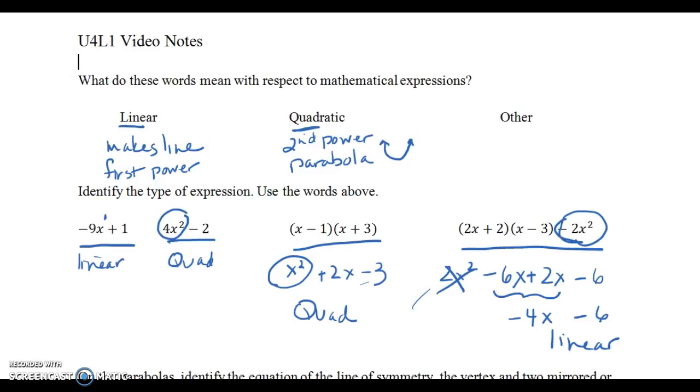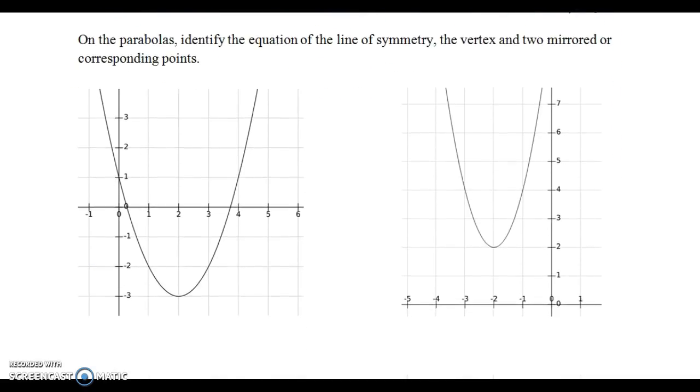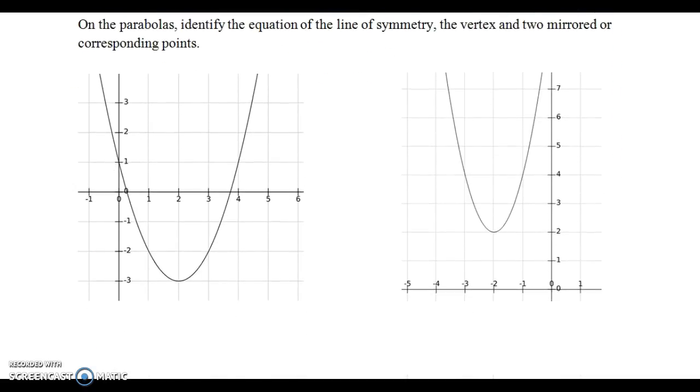The next thing that we're going to do really quickly is look at parabolas. So I have two parabolas here, and you see they both open upward, but they can open downward as well. And we're being asked to identify the equation of the line of symmetry, the vertex, and two mirrored, also known as corresponding points.